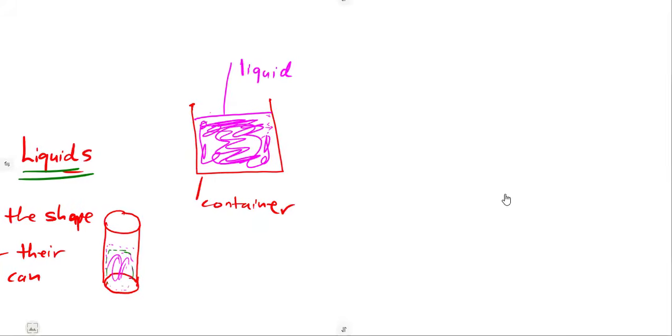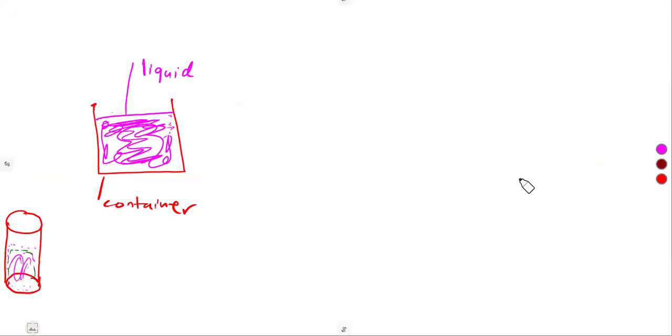I was here about these two things here, the container and the liquid. You will find out that when a liquid expands because of a change in temperature, the container will expand because of its pressure. So this one expands because of what? Because of change in temperature.